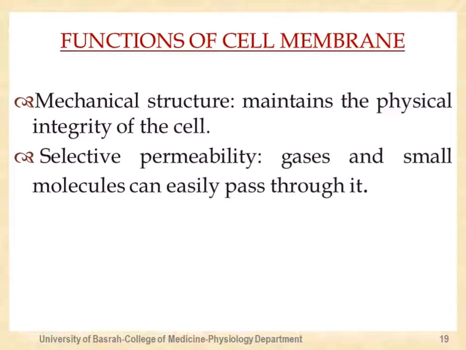First of all, mechanical structure. Maintain the physical integrity of the cell, give the personality to the cell, protect the cell from the outside surfaces. Second, selective permeability. Gases and small molecules can easily pass through it, while other substances should pass within a limit, within rules.